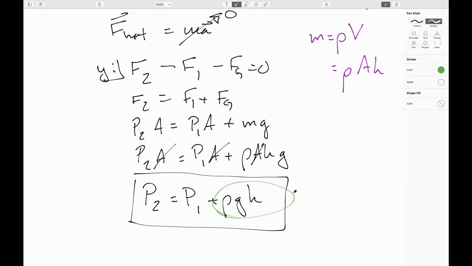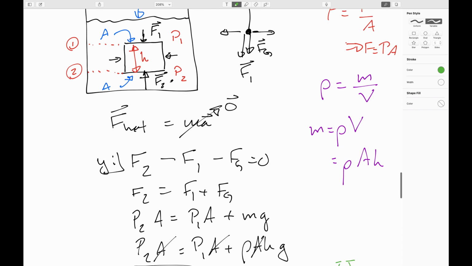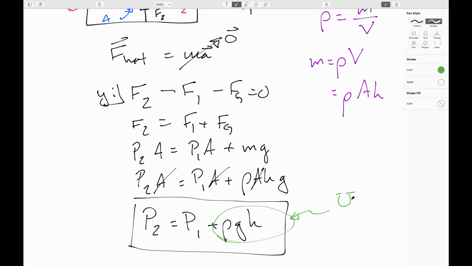So this can absolutely be written as the gravitational potential energy of the fluid up at height 1, up at location 1, which remember is the upper bit here. This can absolutely be viewed as the gravitational potential energy of the fluid here with respect to this height, this location here, per unit volume.